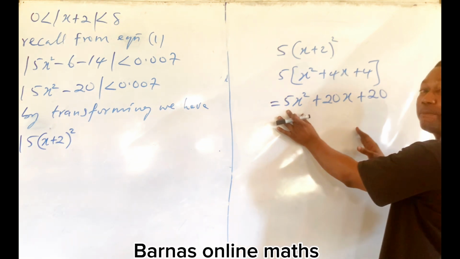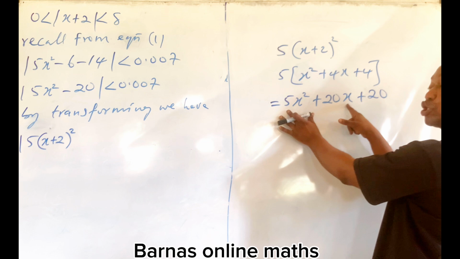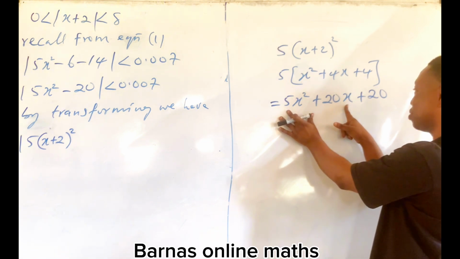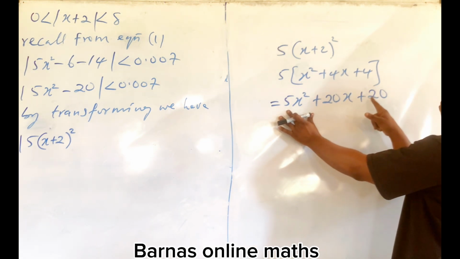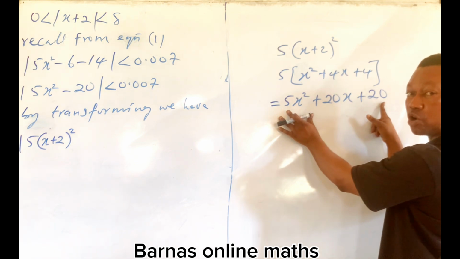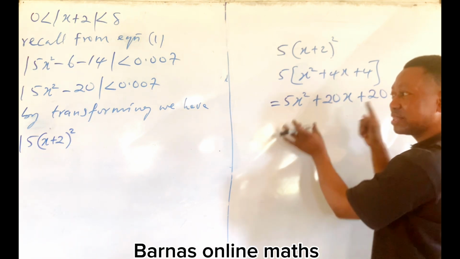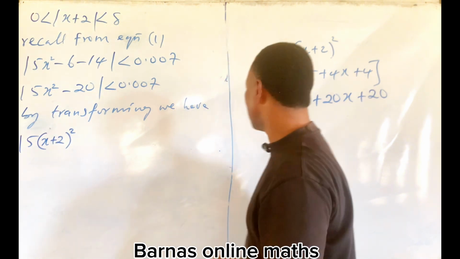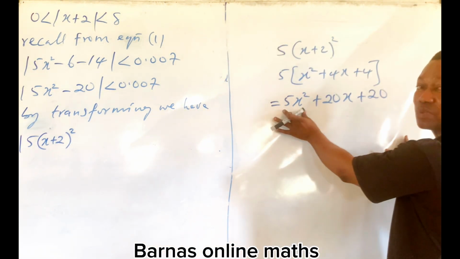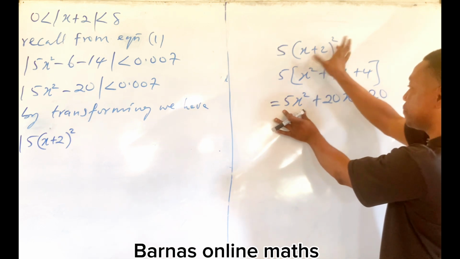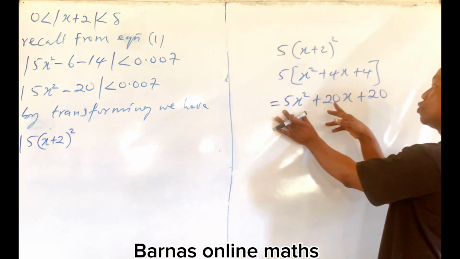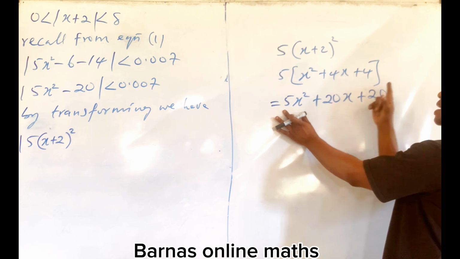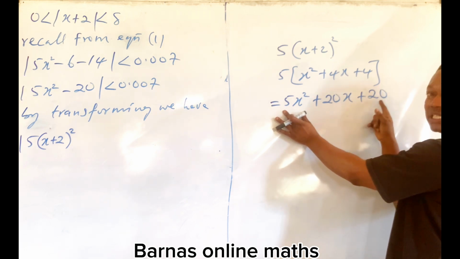So what has been introduced? Plus 20x was introduced, and plus 20 was also introduced. This term is supposed to be only 5x squared, so since we have gotten 5x squared inside this transformation, what was introduced happens to be 20x and then 20.